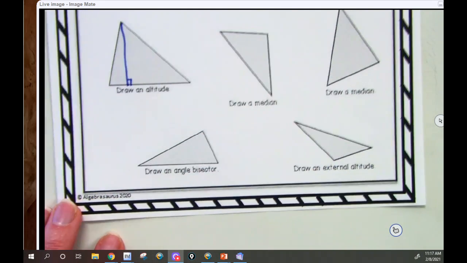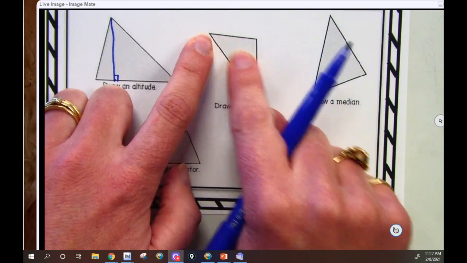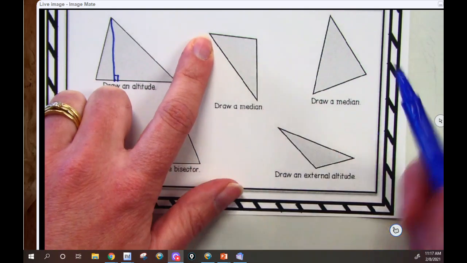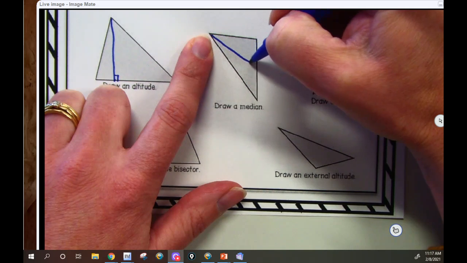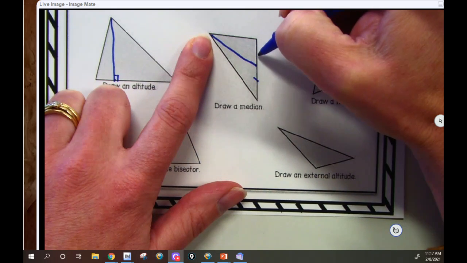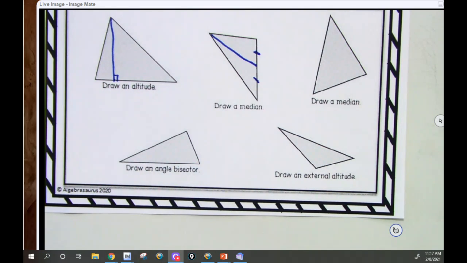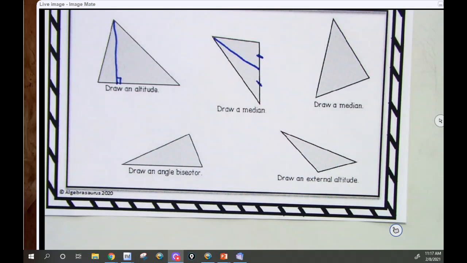Okay, so we're going to go from that vertex to the opposite side, and you want to split that opposite side in half. So just kind of eyeball it. And then we mark it to show that the opposite side is split in half, creating 2 equal segments.